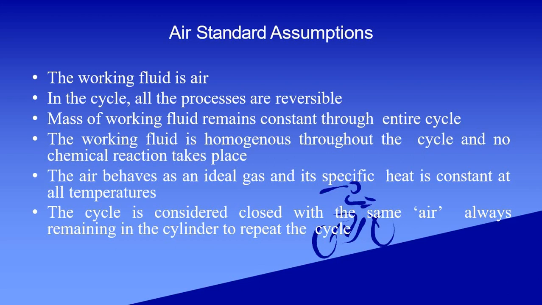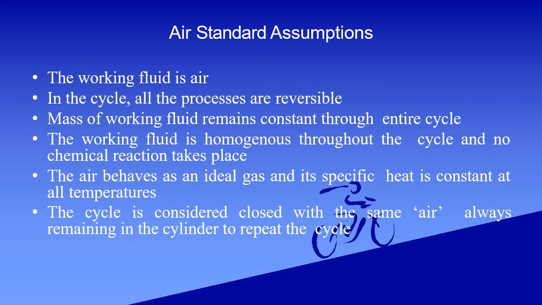Then the mass of the working fluid remains constant throughout the cycle. That means if m kilogram of air is supplied to the engine, throughout the process it works on the same m kg, and m remains the same for both input and output conditions.